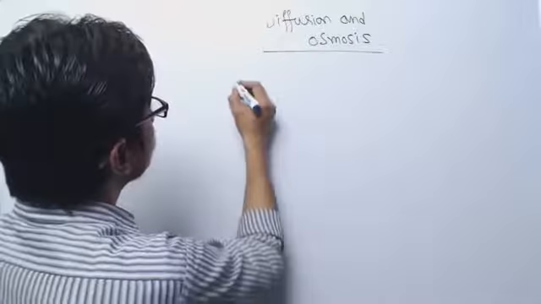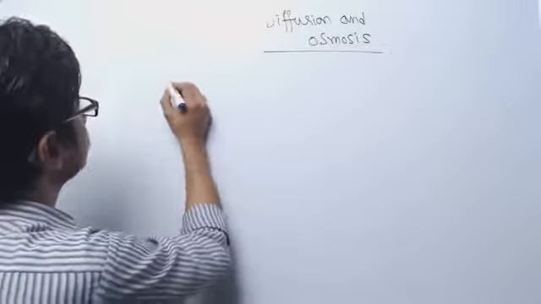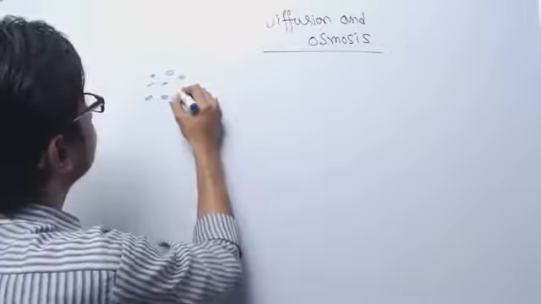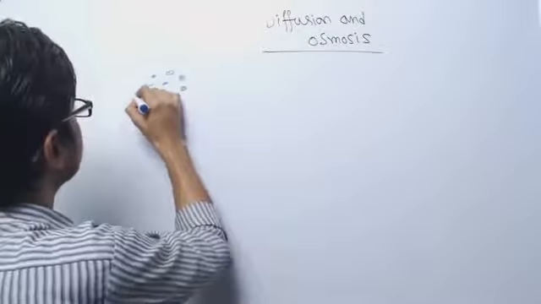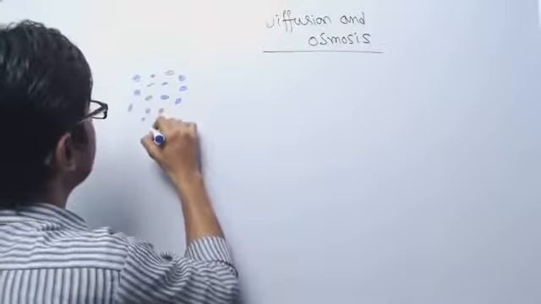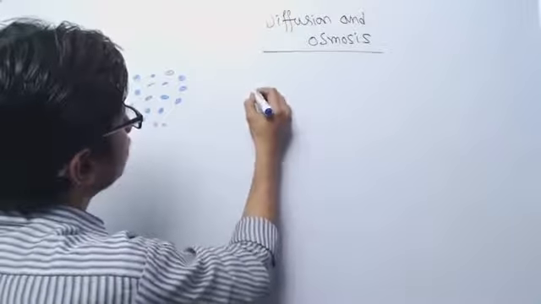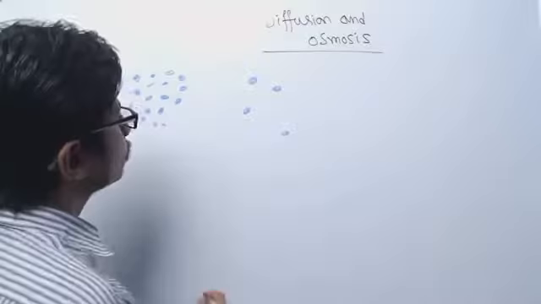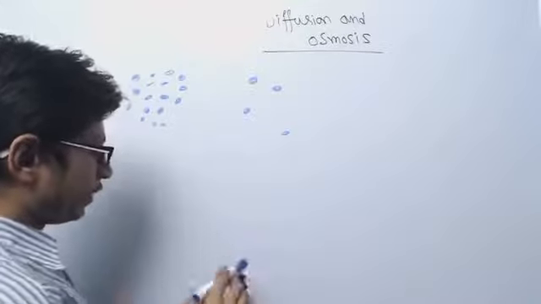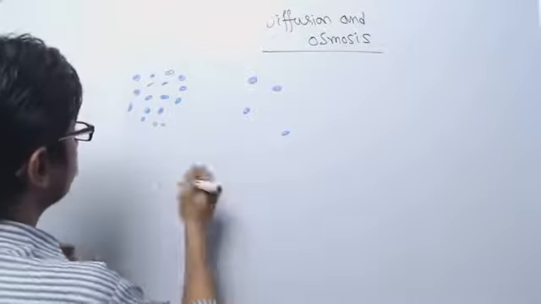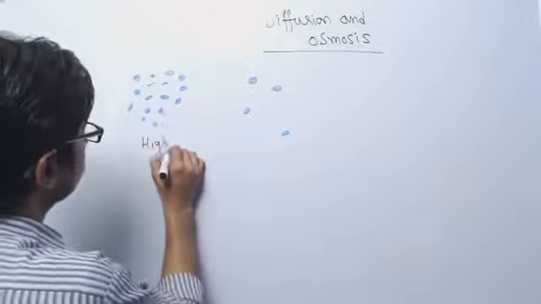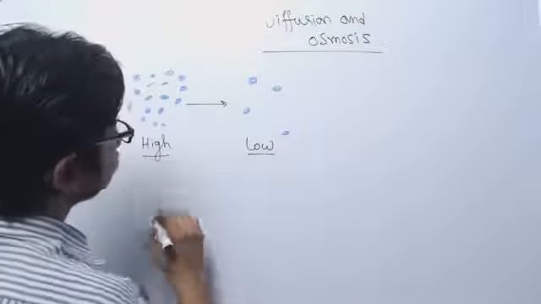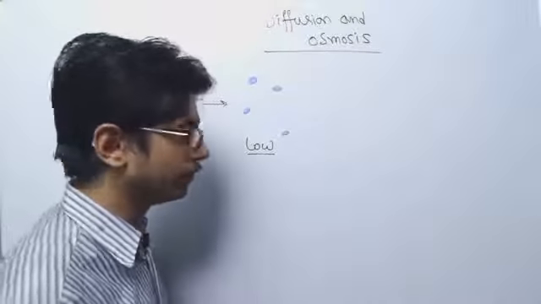Okay, so let's say if I draw the situation, this is a solute. Let's say this is the ink particle that we are talking about. It is present in very high concentration here, and here it is moving. So what will happen? The particles from this high concentration will move to this low concentration of that same particle, obviously.